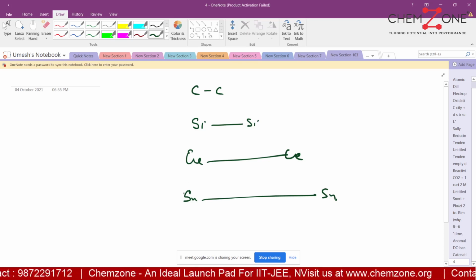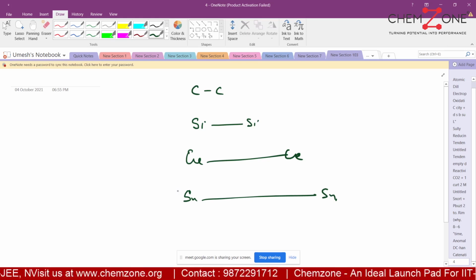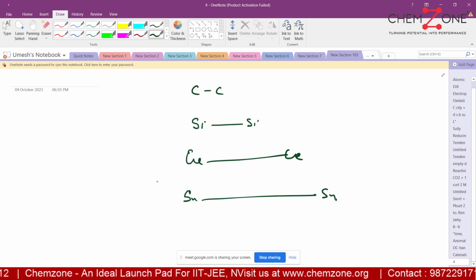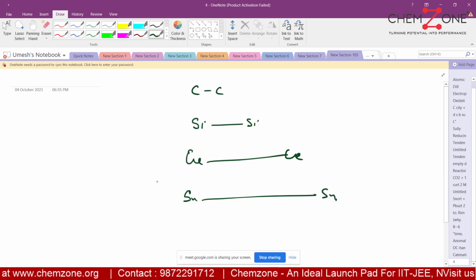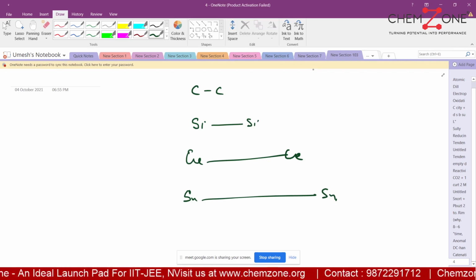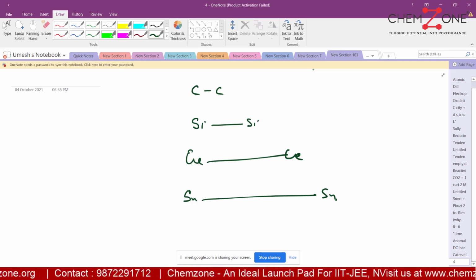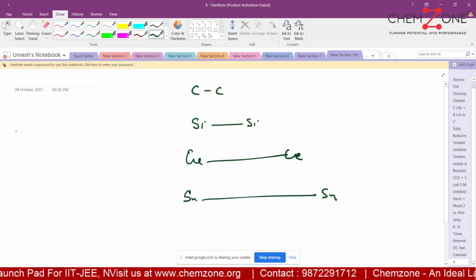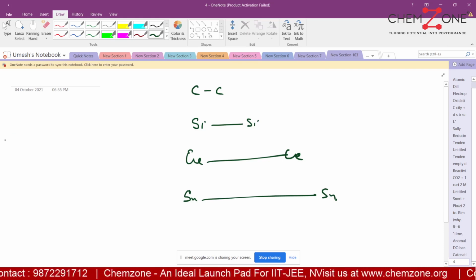So the catenation property decreases as you go down the group, meaning the self-linking property decreases. Understood? Yes or no?